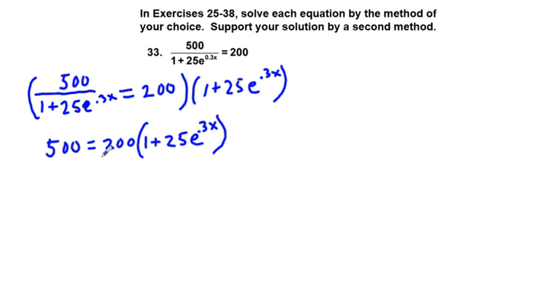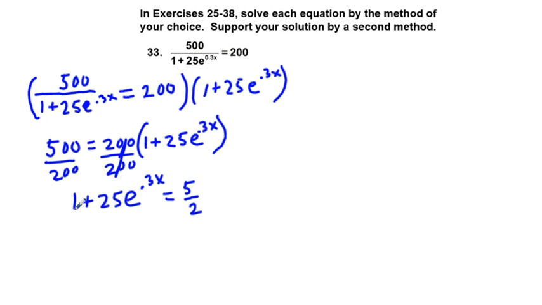And now we can divide by 200 both sides of the equation. We have 200 over 200 on the right side cancel equal 1. So on the left we have 500 over 200 equals 5 halves. So we have 1 plus 25e to the power of 0.3x is equal to 5 halves.